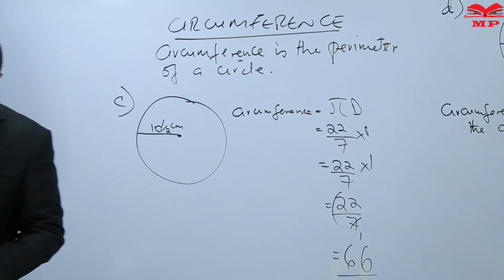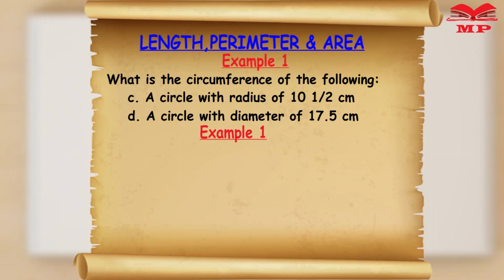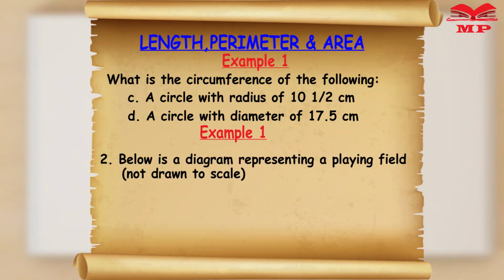Then moving on to question number 2. Learners, question number 2 says, below is a diagram representing a playing field, not drawn to scale. What is the perimeter of the playing field?